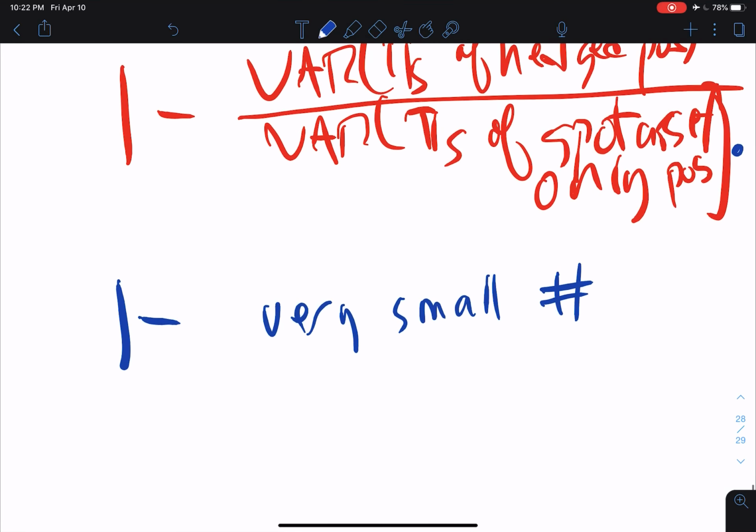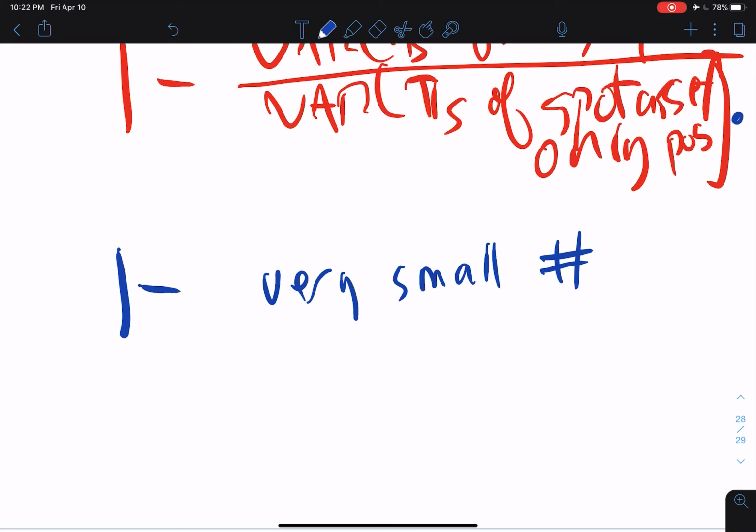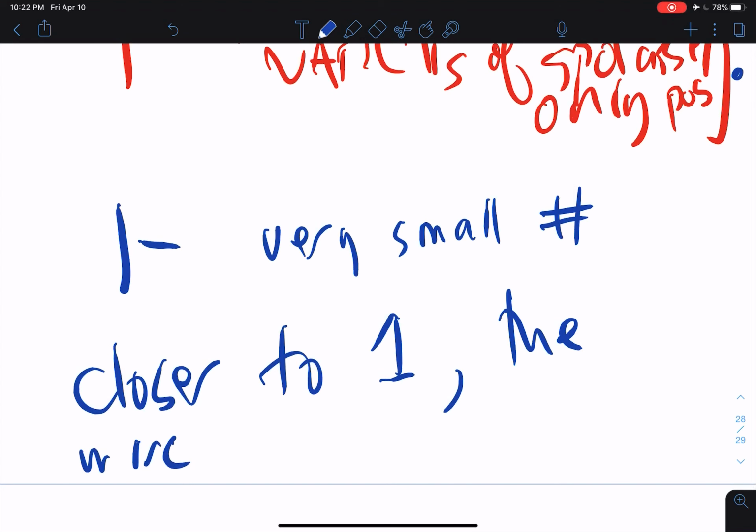And therefore, we'll say the closer to 1, the more successful the hedge.